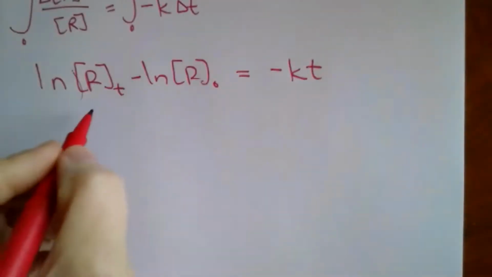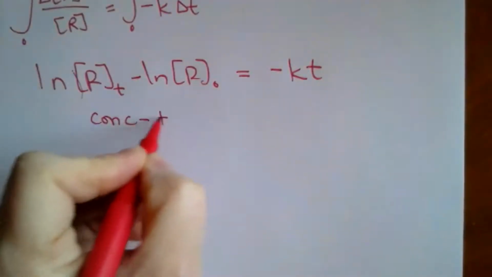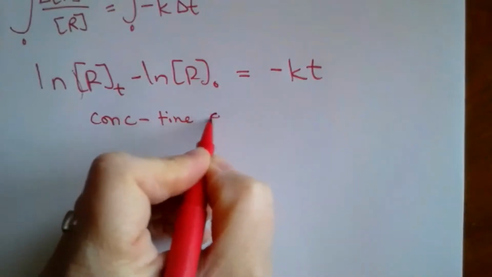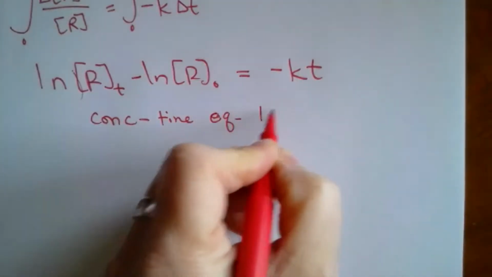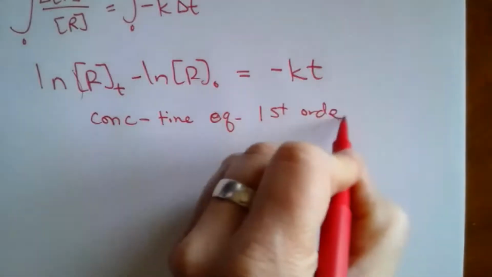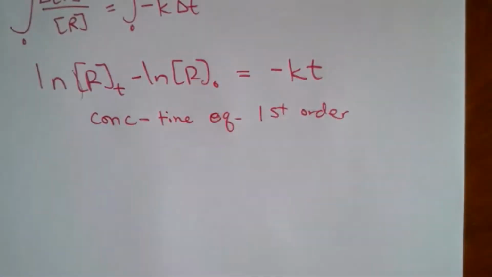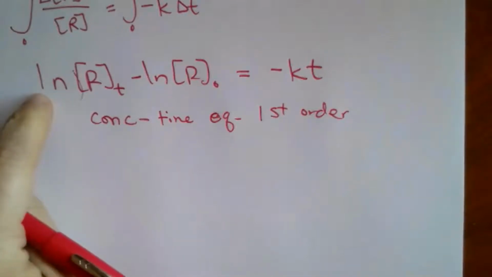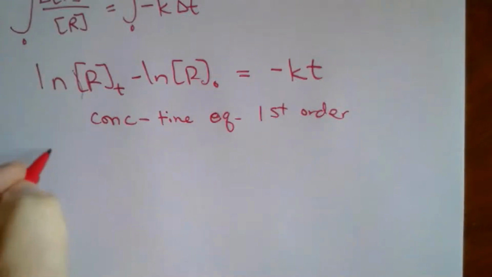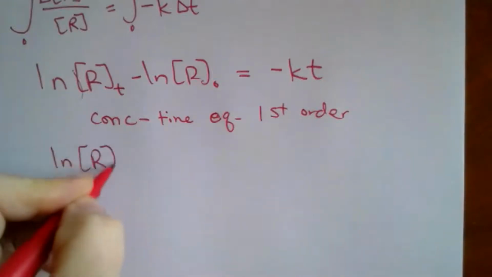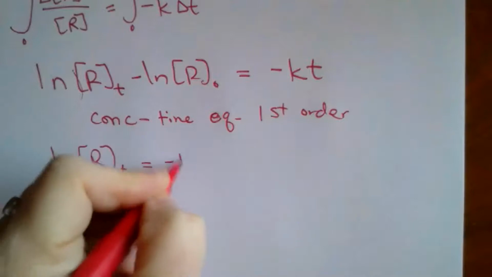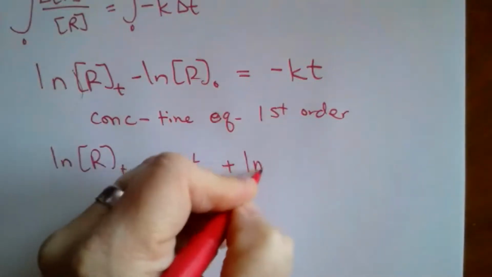So this equation is the concentration time equation, but it's specific to a first order reaction. This is not valid for second order or 0 order or any other order. This is the first order concentration time equation, and we will see it this way a lot. One other way that we will see it somewhat frequently is written this way.